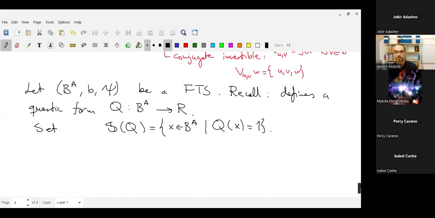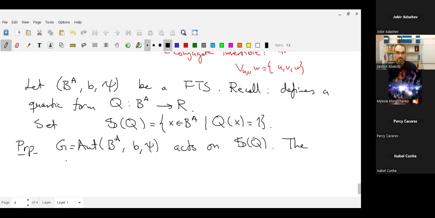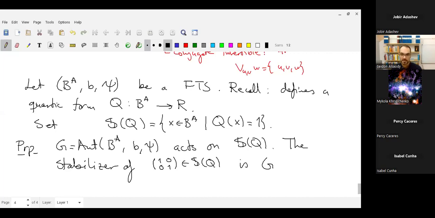Then the group G, the automorphism group of BA, B, psi, acts on S of Q, and the stabilizer of the unity is the group G1. Of course, that's almost by definition.